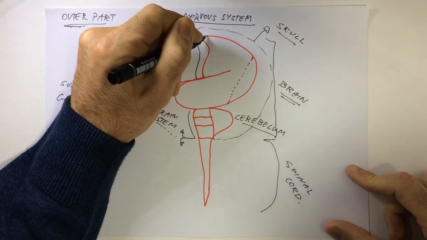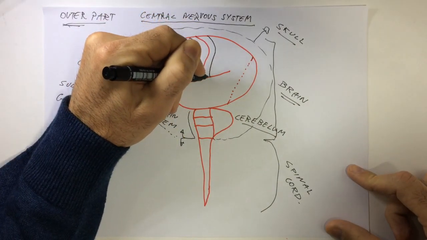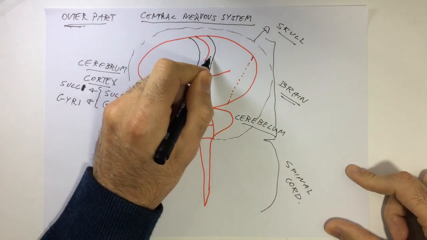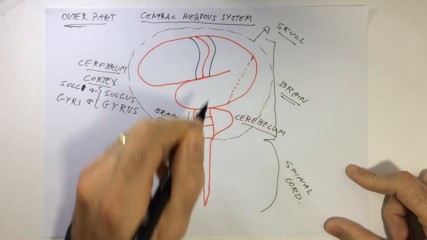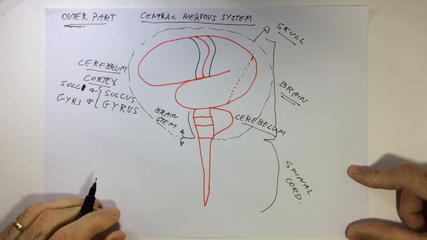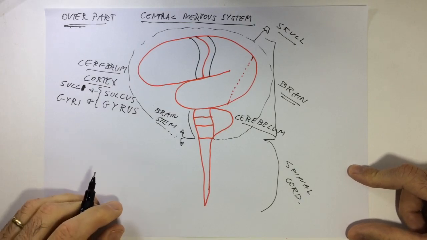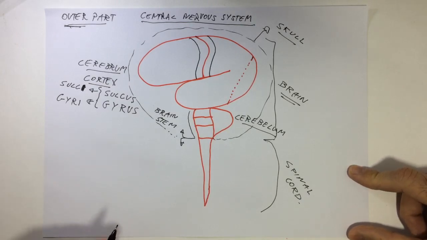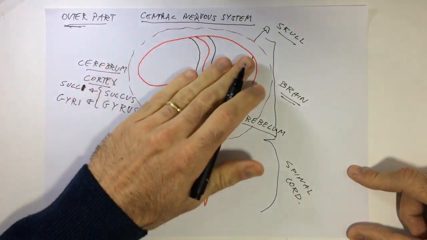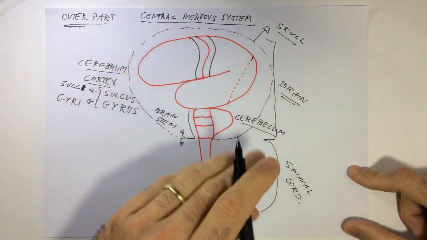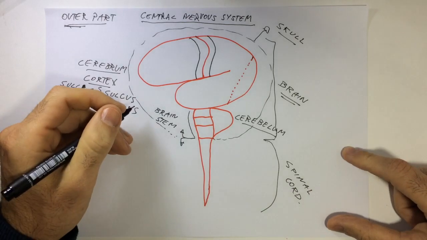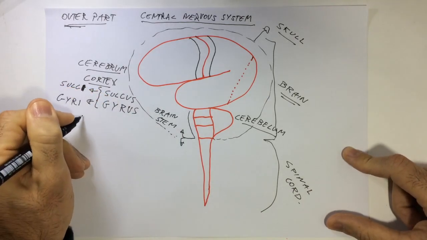If I draw one more sulcus here, we have two gyri. All right, so other than that, we can say that this outer part of the brain, the cortex, can be divided into lobes.